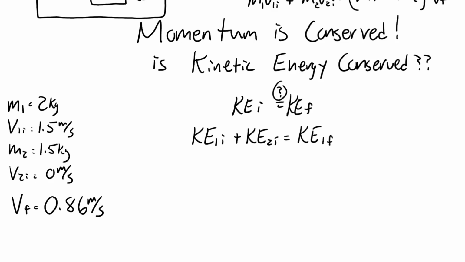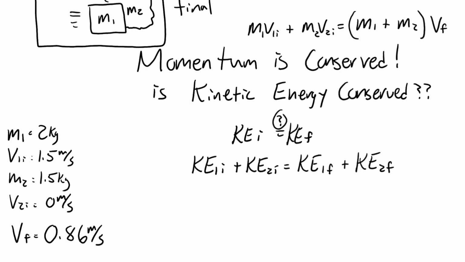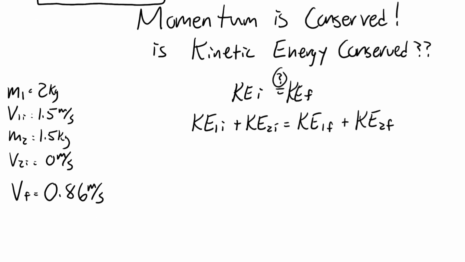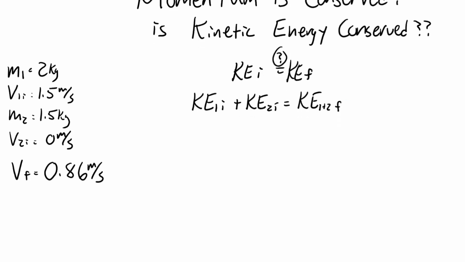Now, technically, they move together, so it depends on how you want to set up your formula. I think I'm going to do the move where we combine the masses together. So instead of two separate terms, I might have just KE1 plus 2 F. But, I mean, we could call it that if we want. That's fine. So if you remember, kinetic energy is equal to 1/2 mv squared.